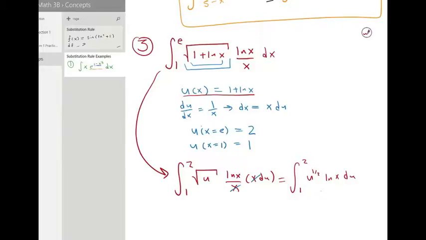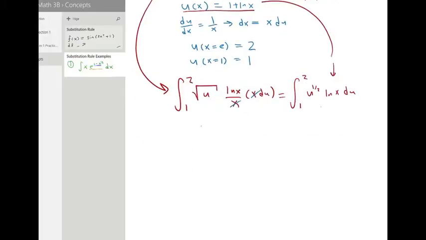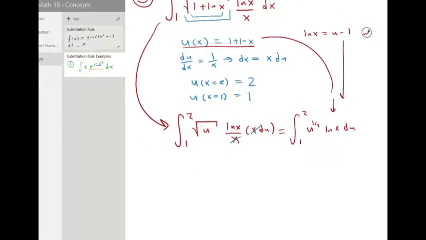So ln x, our problem, is equal to our u of x minus 1 in this case. So if we solve for ln x, it equals u minus 1. So if we put that to use, our integral is now the integral from 2 to 1 of u to the 1/2 times u minus 1 du.